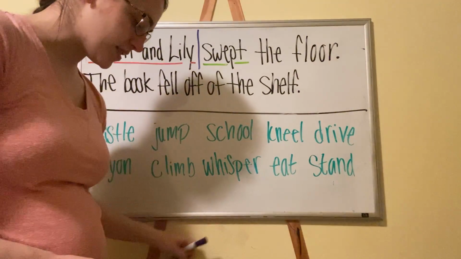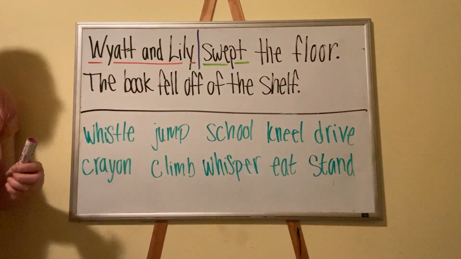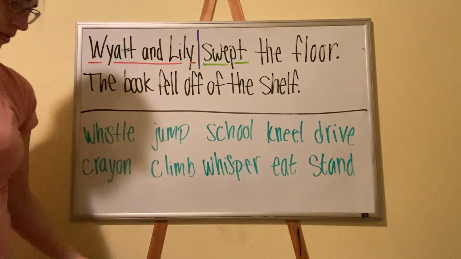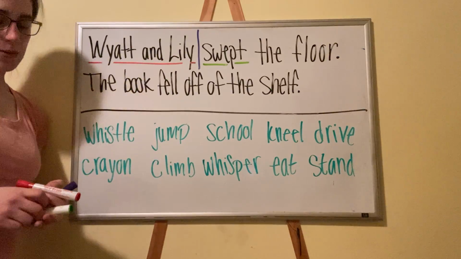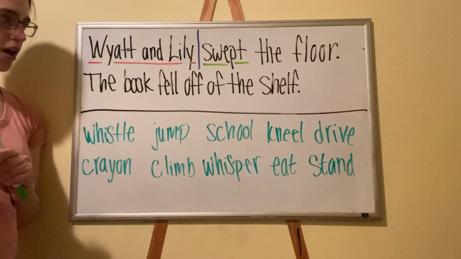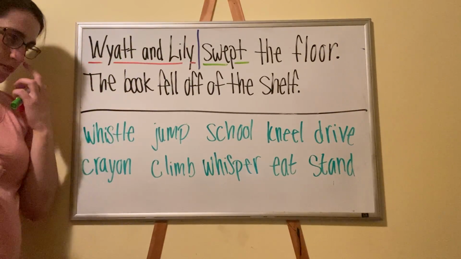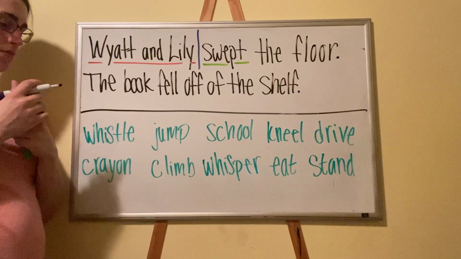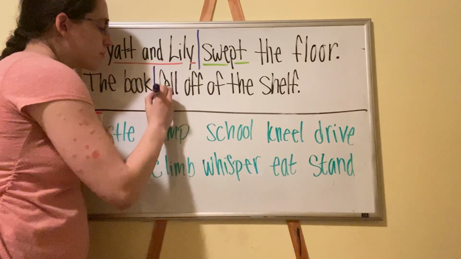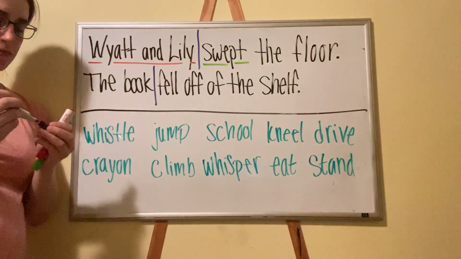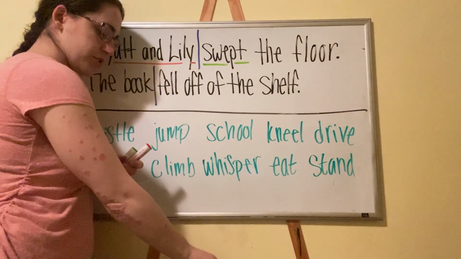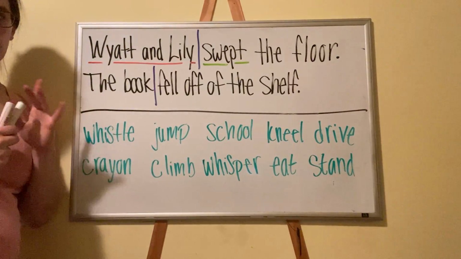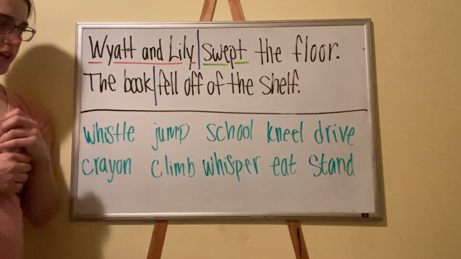Look at the second sentence here then. The book fell off of the shelf. Where are you going to separate the subject from the predicate? The book fell off of the shelf. Right there. So which part of this sentence shows the subject and which part of the sentence shows your predicate?